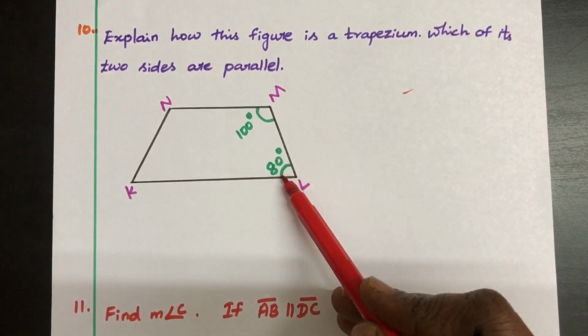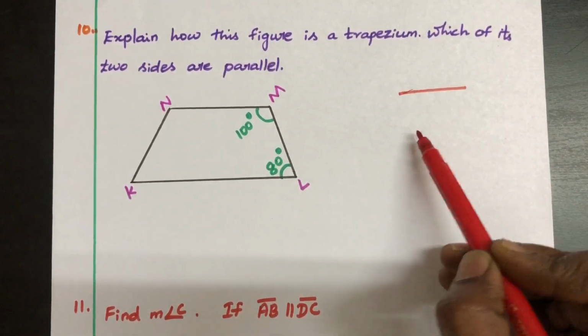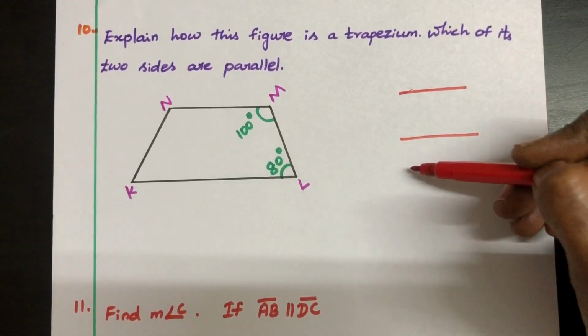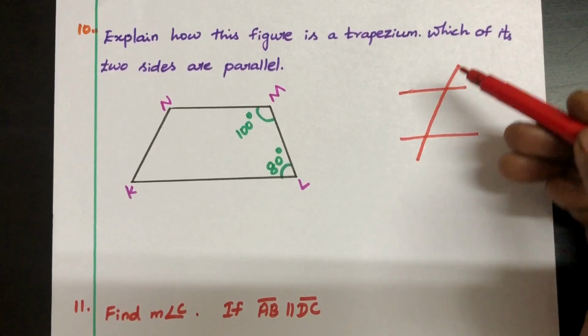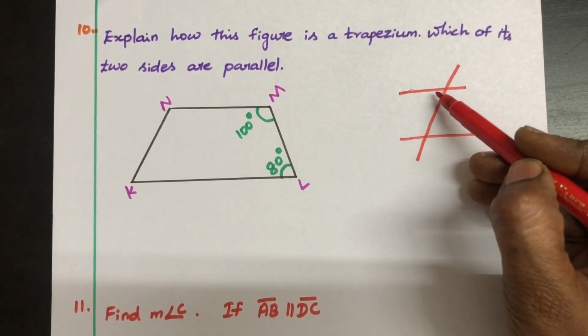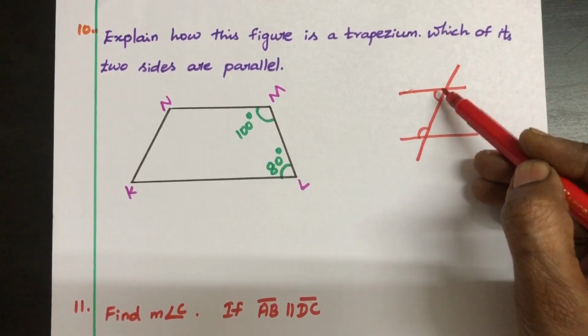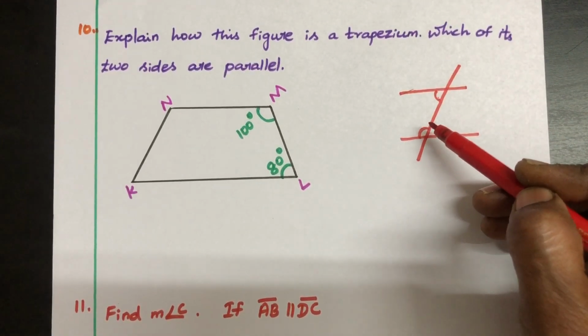So, look at the angles they have given. Also, in 7th standard itself, we have found that if two parallel lines are there and a straight line passes through these two parallel lines, the interior angles formed must add to 180 degree. Supplementary, the addition of these two angles must be 180 degree.